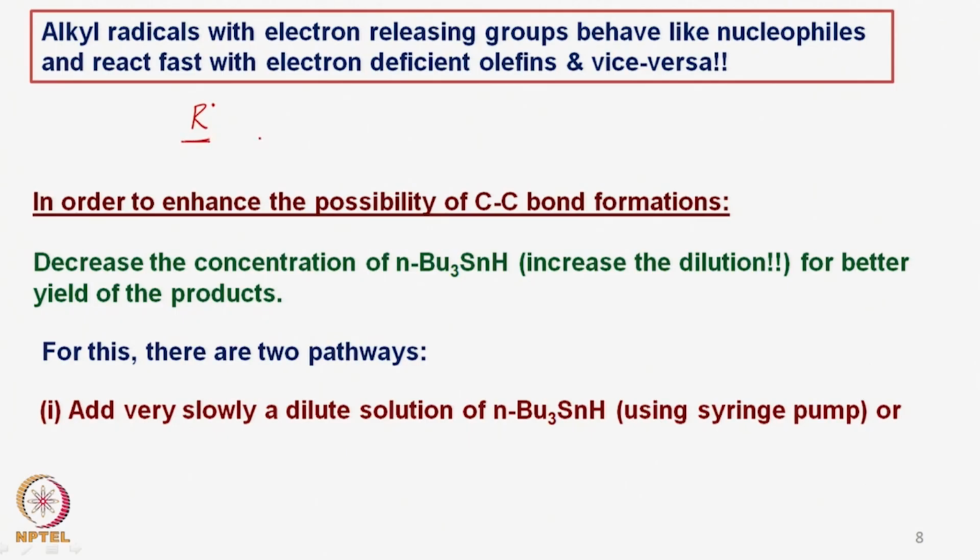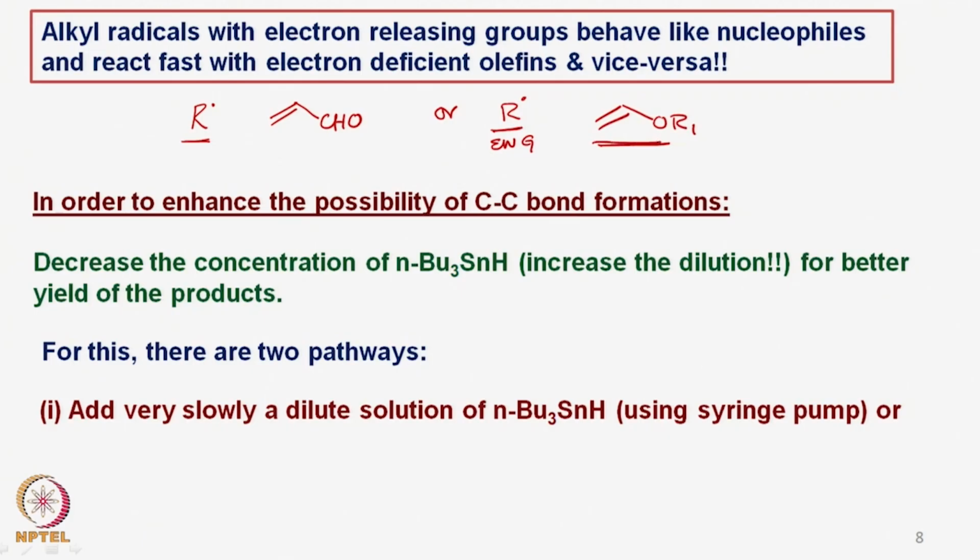So suppose you have R dot, which is a carbon radical, and it behaves more like a nucleophile, and that reacts with, say, an electron withdrawing group such as CHO attached to the olefin, then this reacts faster. Or you have a radical which is having an electron withdrawing group, an electron deficient radical, then it reacts faster with, say, an electron rich olefin.